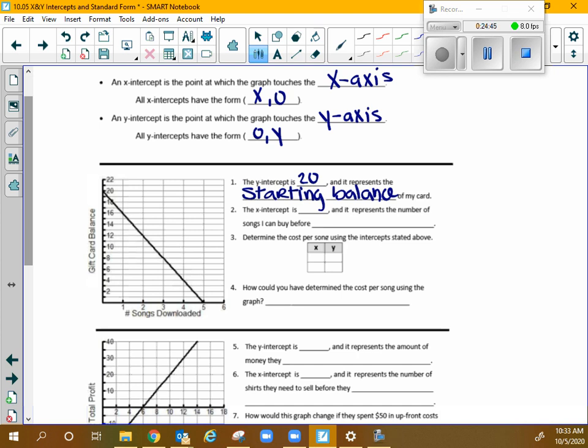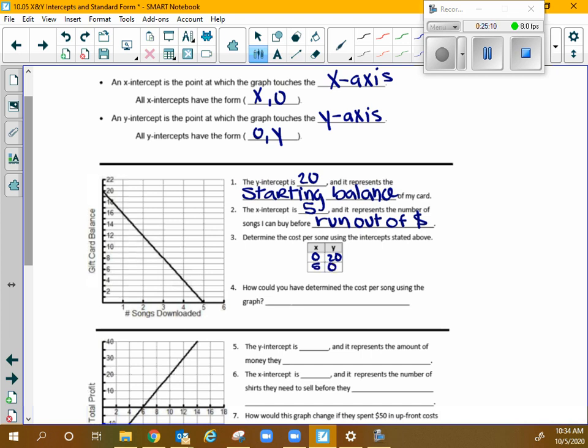What's the x-intercept? 5. And it represents the number of songs I can buy before what happens? Run out of money. Could I find out the cost per song? Yeah, because you have 0, 20, and 5, 0.